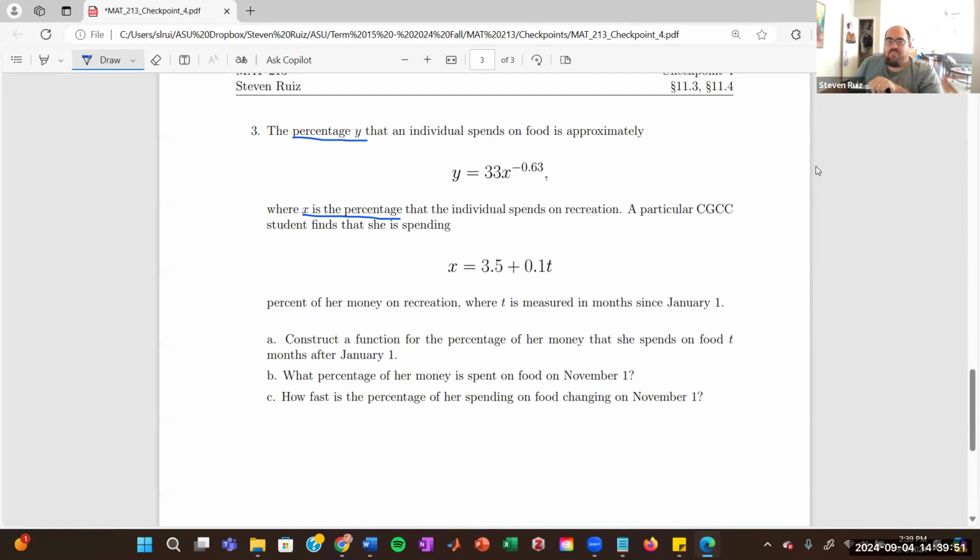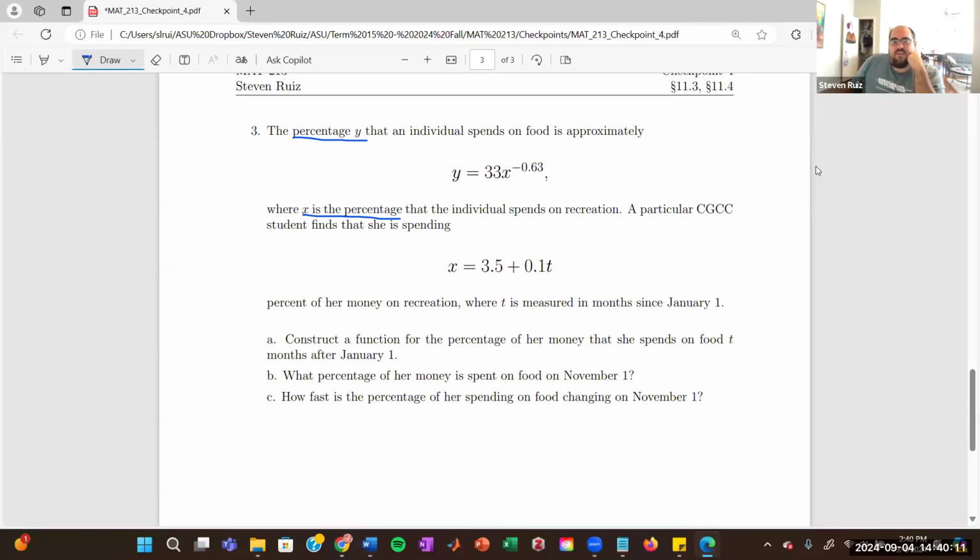Okay, so moving on. A particular CGCC student finds that she is spending X equals this expression of her money on recreation, where T is measured in months since January 1st. So we have a couple different functions here.